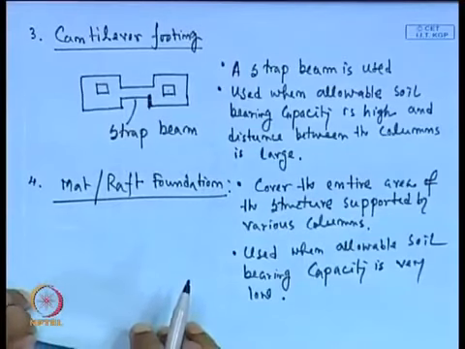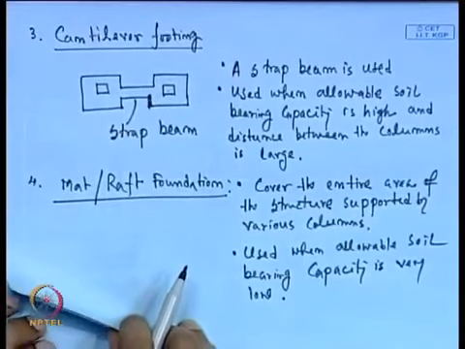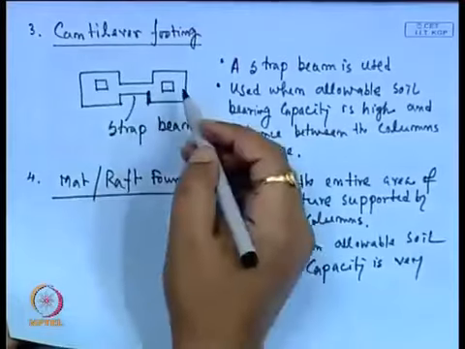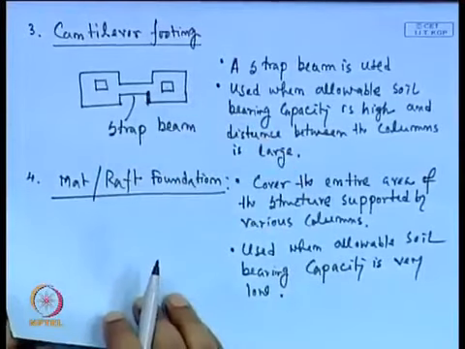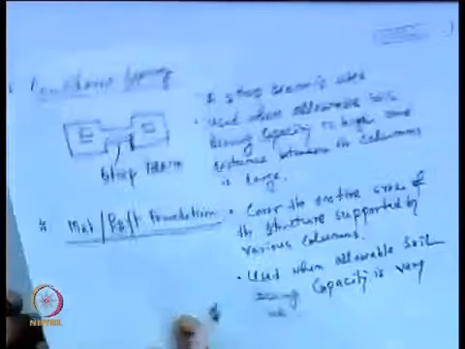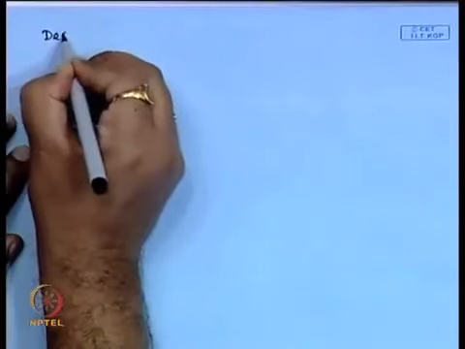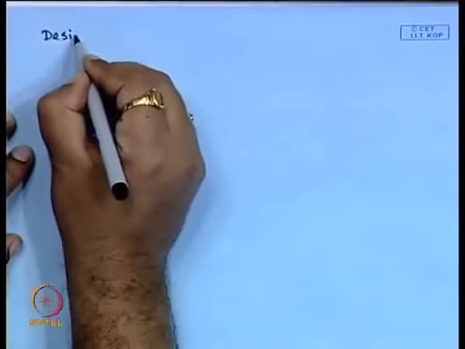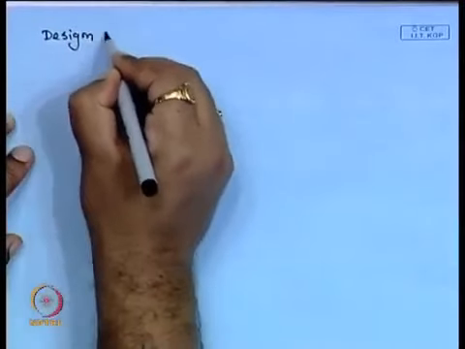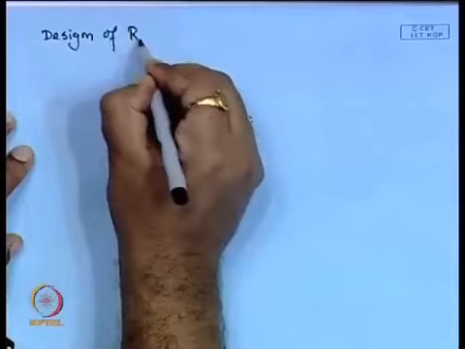First is the rectangular combined footing, then the trapezoidal combined footing, then the cantilever footing, then the raft and mat foundation. Now, in the next section I will design one raft foundation, then how to determine the settlement and the bearing capacity of this raft foundation, that I will discuss.